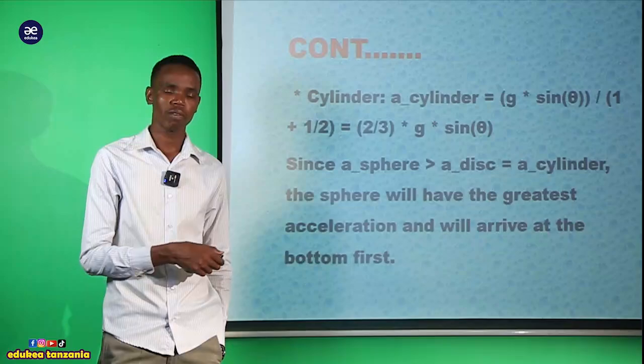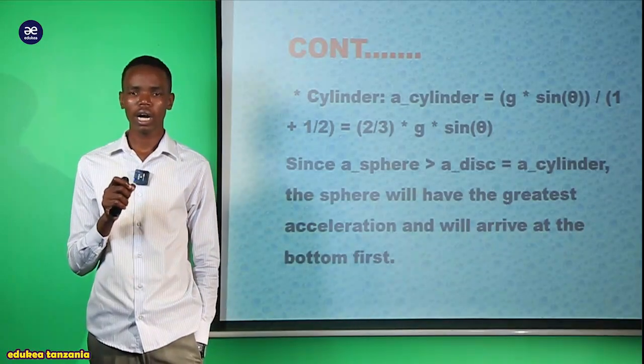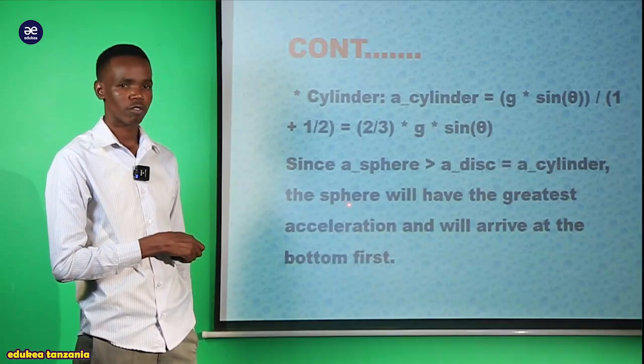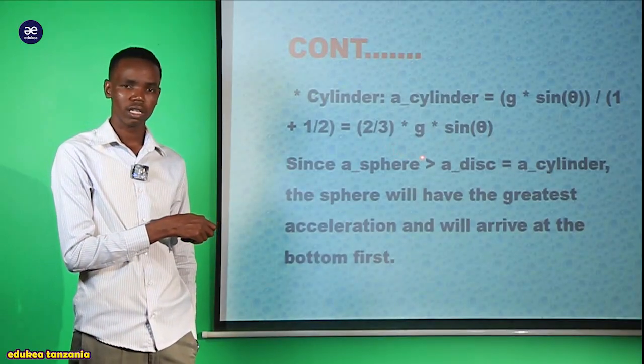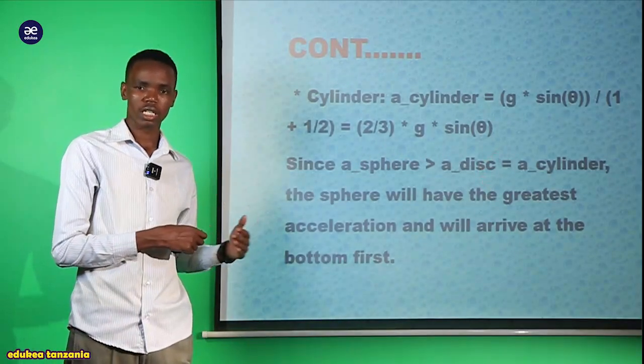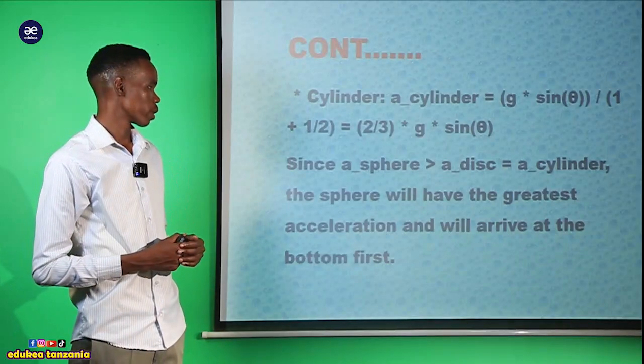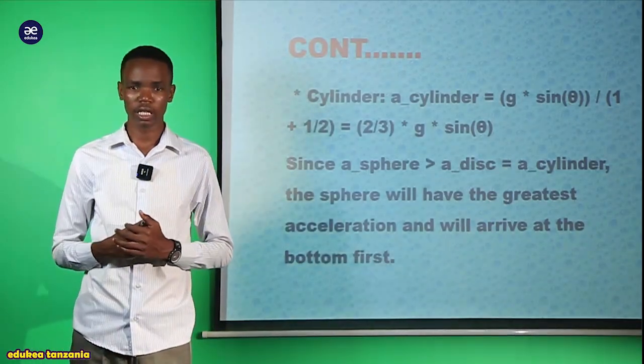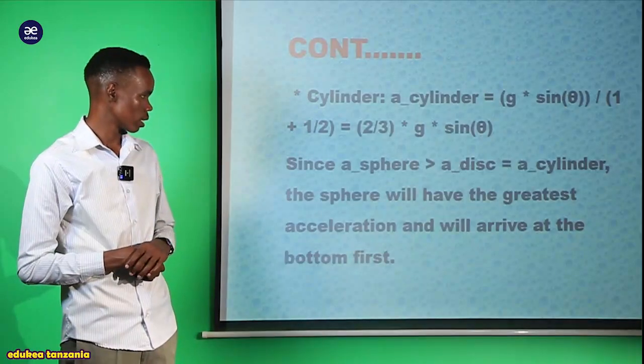Now if we simplify, we get that the linear acceleration must be equal to 2 divided by 3 times g sine theta. This is how you can find the linear acceleration of the cylinder.